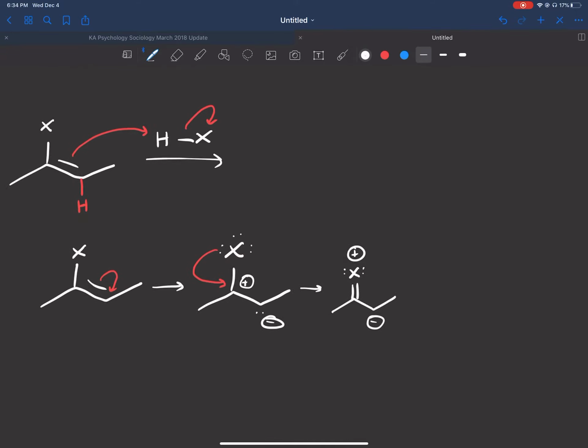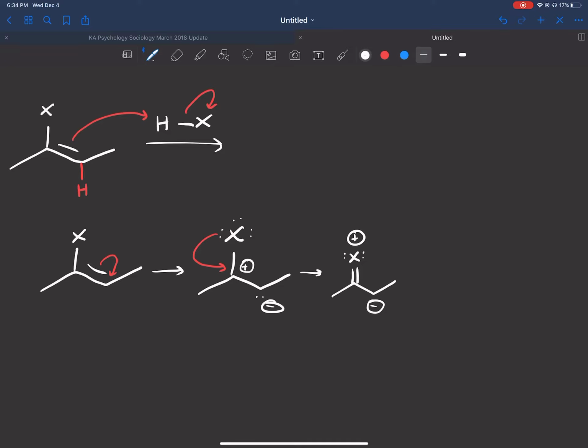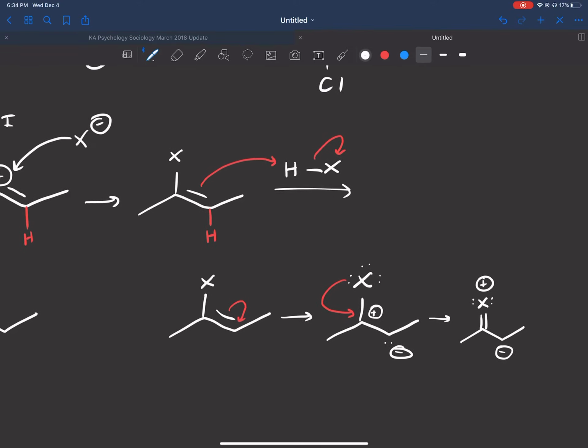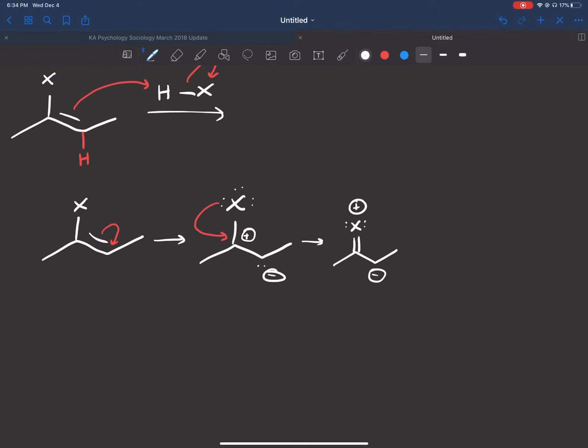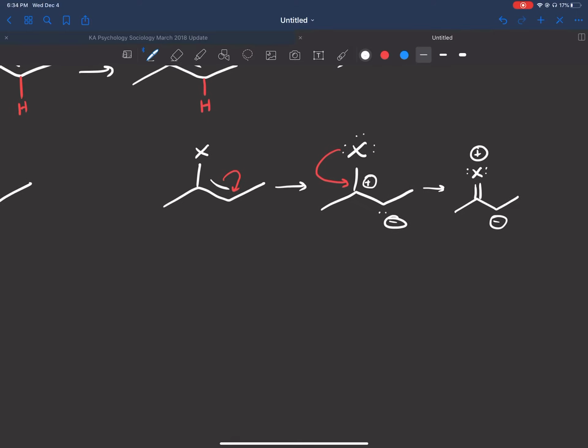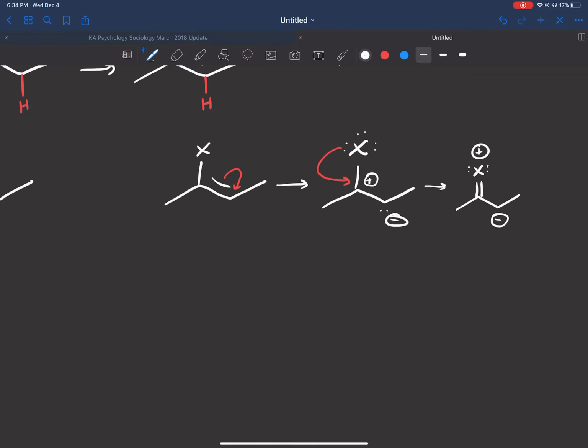Right? So you can see that we stabilize our carbocation in that spot. So what's going to happen is it's going to be more favorable for that carbocation to exist than if we did this right here. So let's say I have this. I'm going to draw the arrow of that double bond to this carbon.